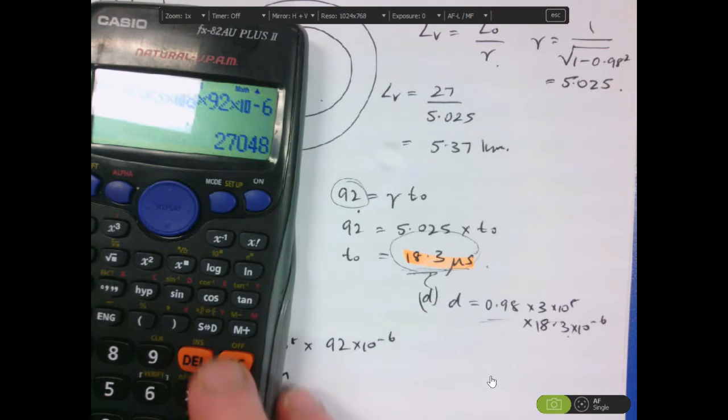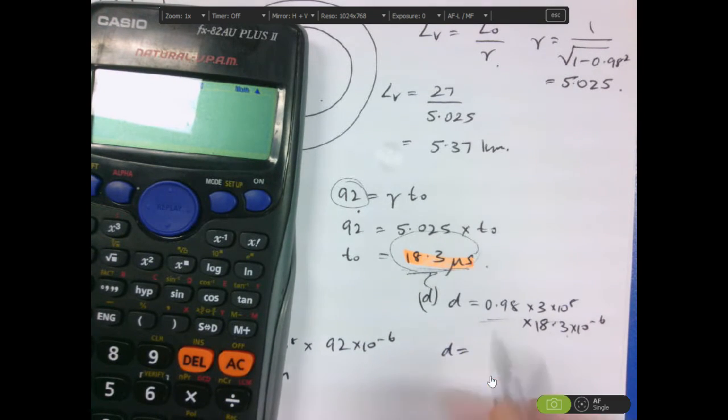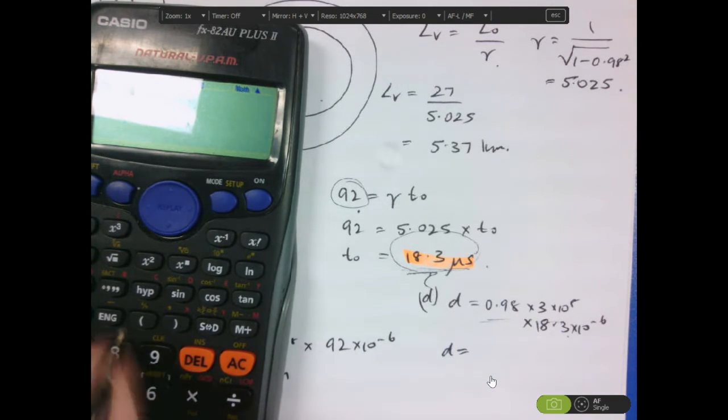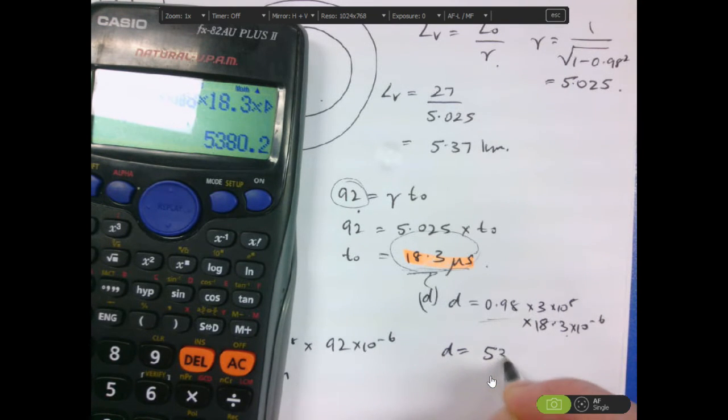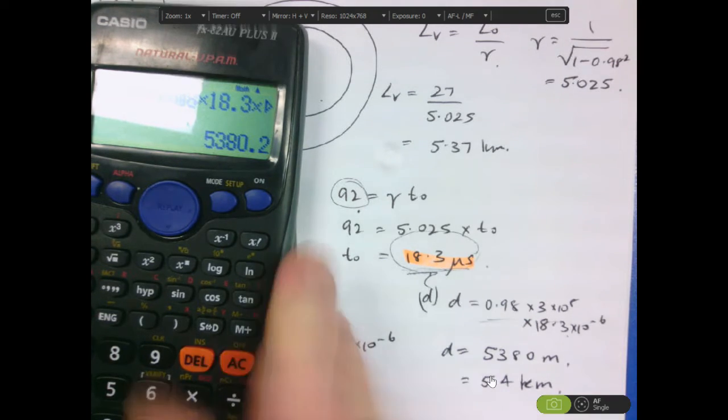So let's work out what that distance is. 0.98 times 3 exponent 8 times 18.3 exponent -6. And that's 5380 meters, which is 5.4 kilometers.